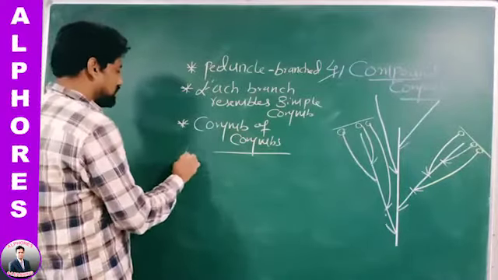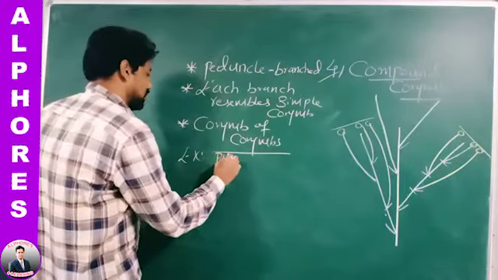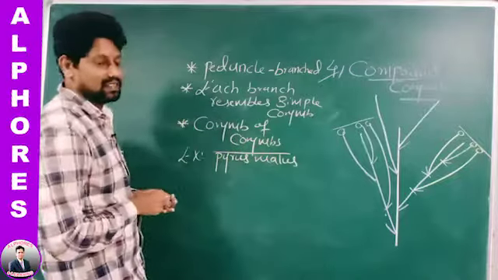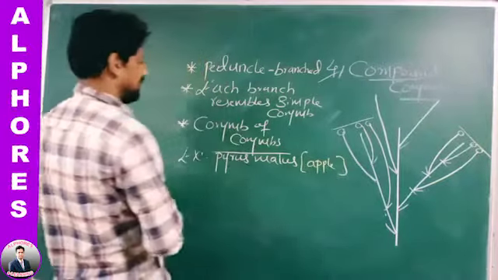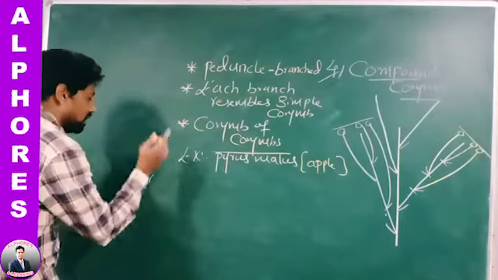Go for examples of compound corymb. First one, Pyrus malus. Common name is apple. I am writing the second example for compound corymb.